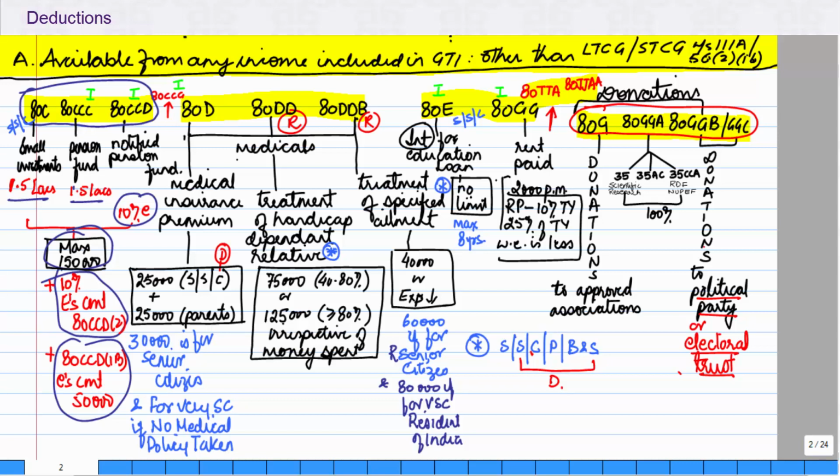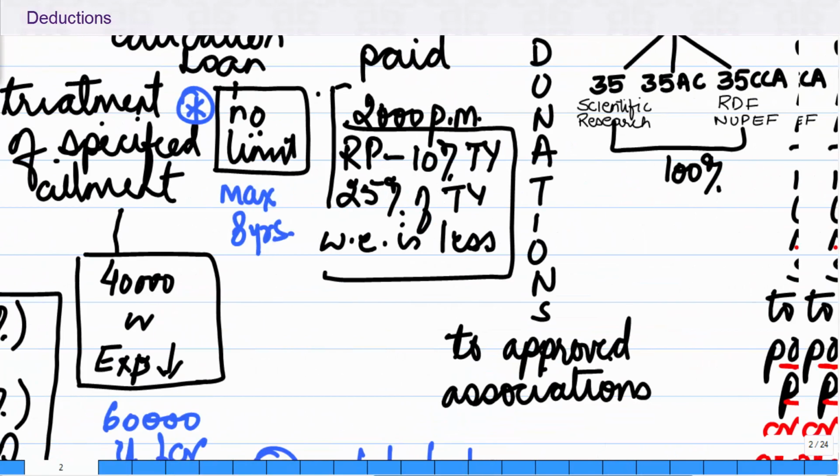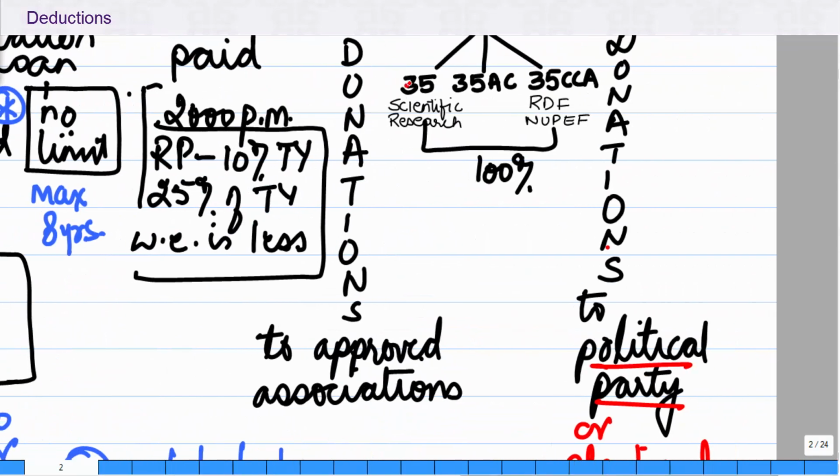Further, 80GGA. Now, when we were doing business and profession, we had talked about deductions under section 35. We talked about scientific research donations, research for approved institutions, approved companies, national laboratories.